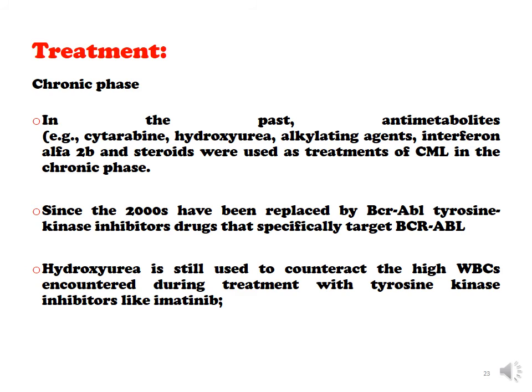Acute or chronic. In the past, they had to use chemotherapy like cytarabine, alkylating agents, maybe interferon, and hydroxyurea as a cytoreductive therapy. They used this therapy in the past, but this changed in the 2000s, when they found the BCR-ABL tyrosine kinase inhibitor, which acts on the tyrosine kinase protein made by the BCR-ABL fusion gene, which we have mentioned in the pathogenesis.